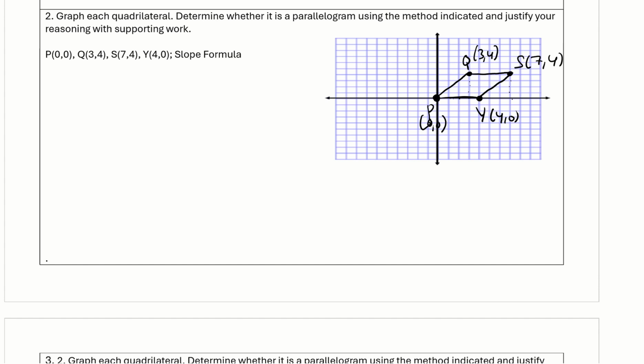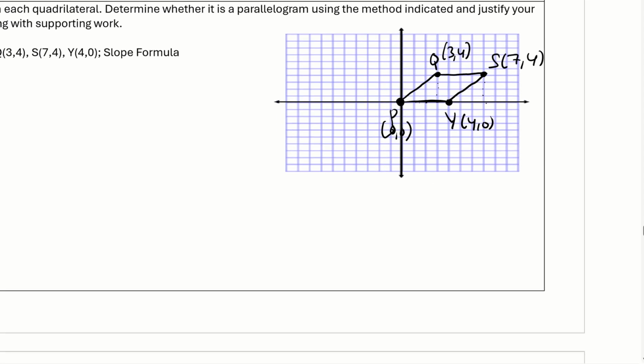All right, so let's prove that that's a parallelogram. First, we have to look at the slopes. The slopes have to be the same for the opposite sides for them to be parallel. So it goes up 4 over 3.